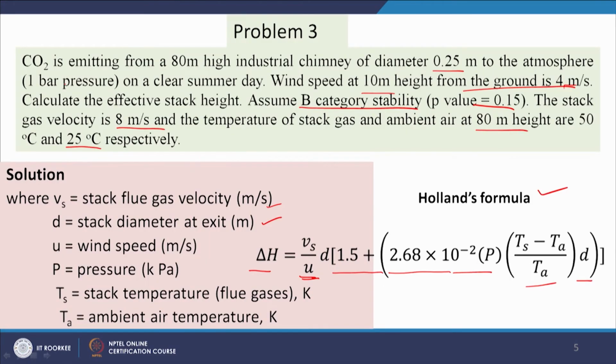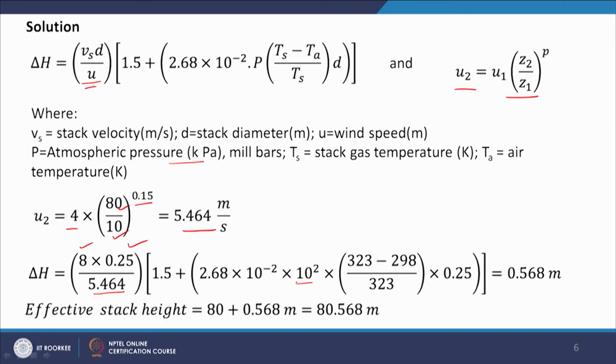So, this is bar pressure, and we know that in this empirical relationship our pressure is in kilopascal. So, we have to convert atmosphere to kilopascal, 10 square. So, this will be multiplied by 323 minus 298, 323 because the temperatures are 50 and 25. So, 323 minus 298 by this and into diameter, the stack diameter. So, again we are getting 0.568 meter.